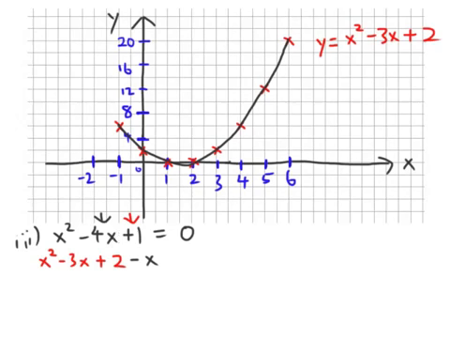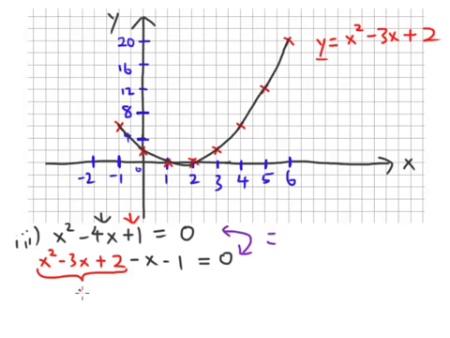So to get back positive 1, we have to minus 1, and equals 0. And these two are equal, right? You could see that x squared, minus 3x minus x is minus 4x. Positive 2 minus 1 is positive 1. But by rewriting it this way, this part, x squared minus 3x plus 2, is y.